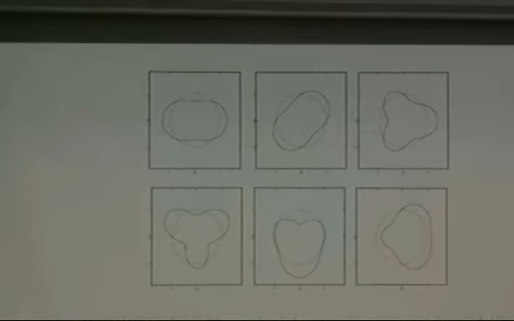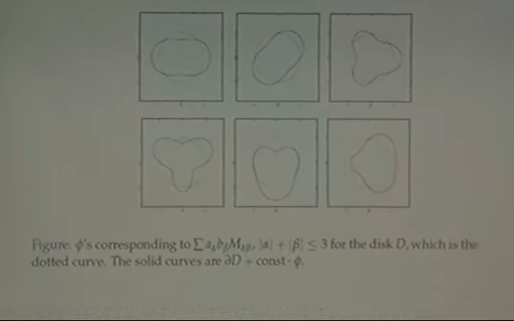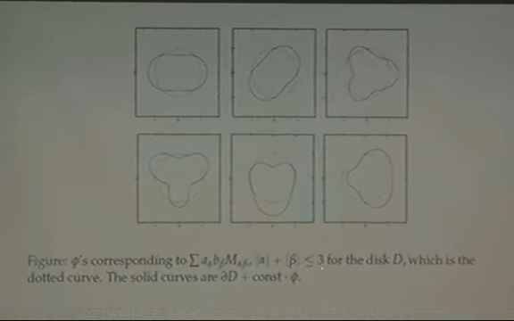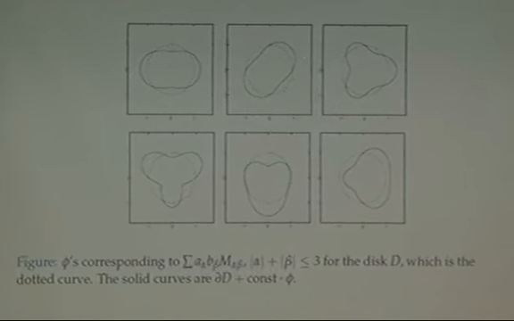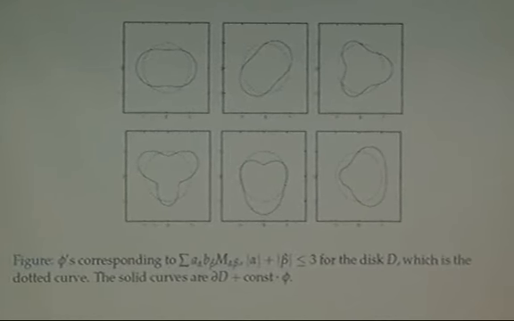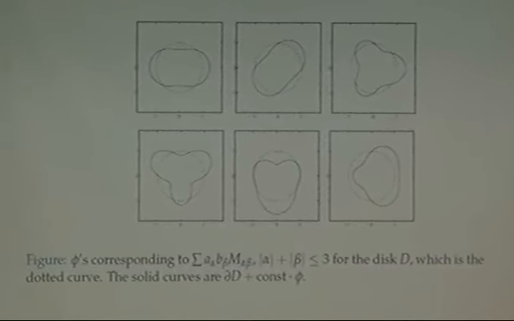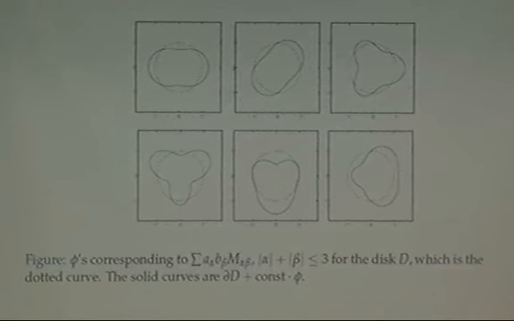So this is the example when you have alpha plus beta equal to 3. I said that if you have just the leading order polarization tensor, then the shape you could get is an ellipse. These two correspond to this ellipse.